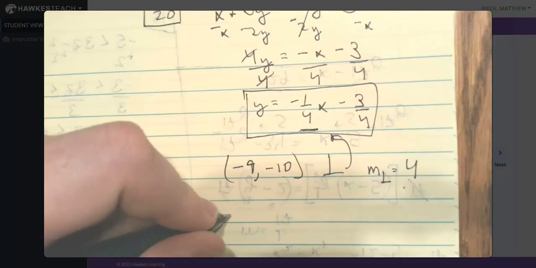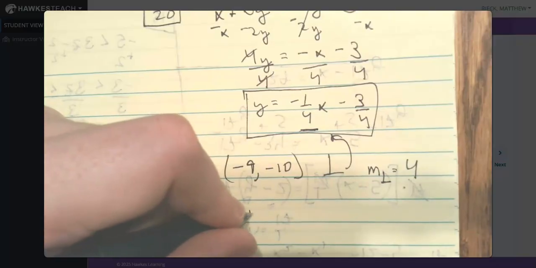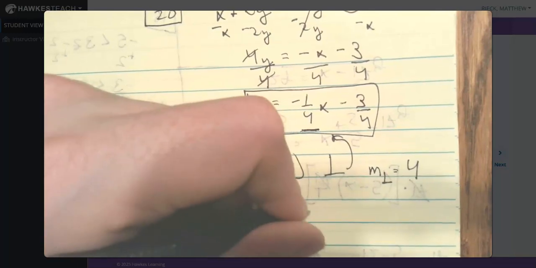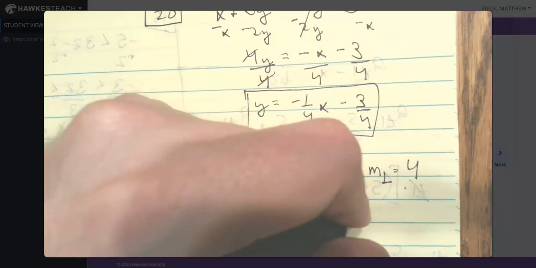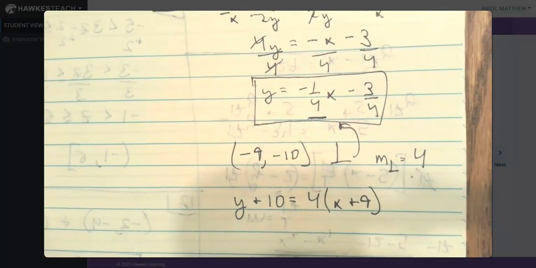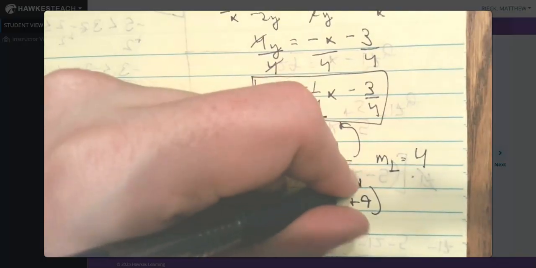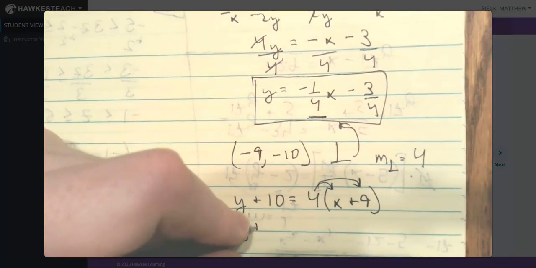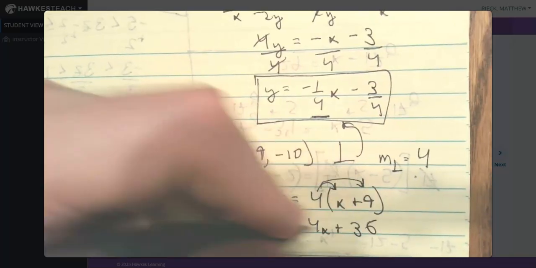All right. So again, I like using the point slope form to start off here. So we have y minus y1, so we have y plus 10 equals m times x minus x1, so 4 times x plus 9. You can then distribute the 4 through here, so you have y plus 10 equals 4x plus 36.